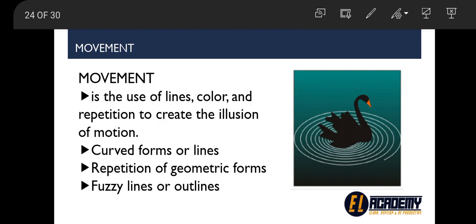That's the use of line, the movement. It can be used either in straight lines or in curve forms, and then repetition of geometric forms, fuzzy lines, etc. Let me not talk much on the fuzzy lines. You can check on it as your assignment.